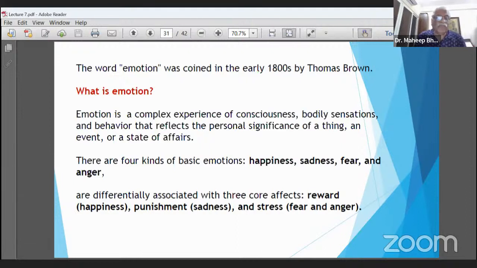Sadness, when you are punished or when you lose something, in that case, you undergo sadness. And third, when there is a fear of something or when there is anger, you undergo stress. So these four basic emotions are related with the three core effects known as reward, punishment, and stress.